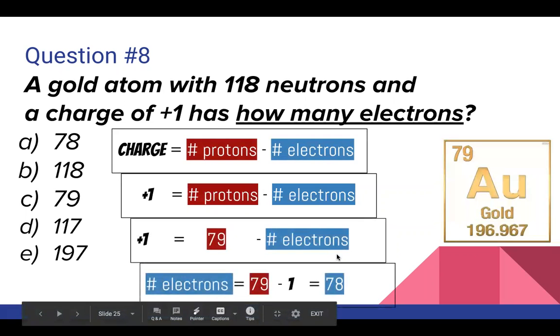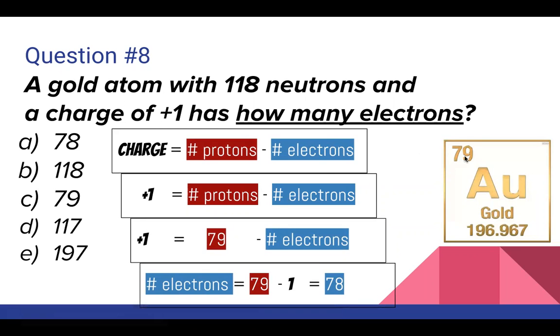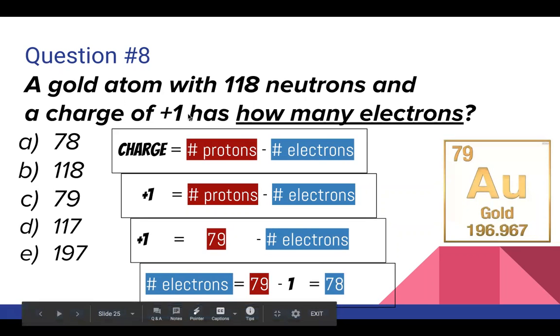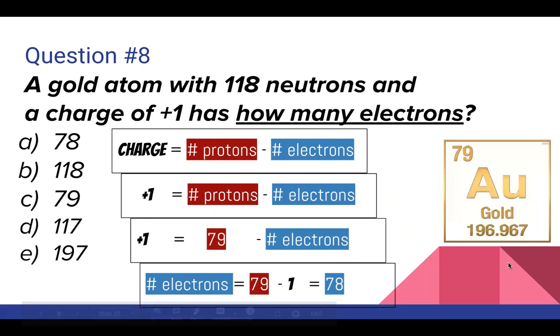And we see that there should be 78 electrons in this gold atom, which has a charge of +1. Which makes sense, right? If you have 79 positive things and 78 negative things, you should have a net charge of 1 positive thing. So it has a net charge of +1.